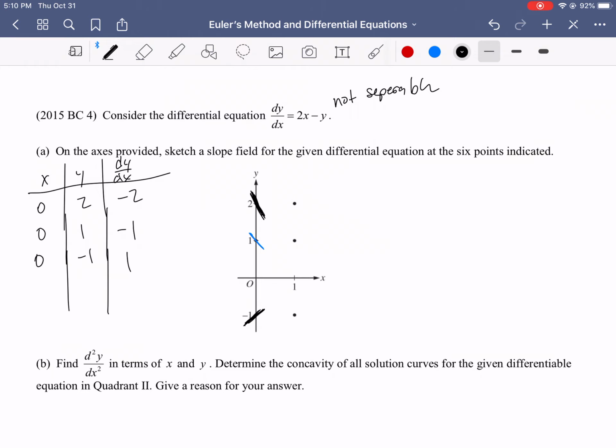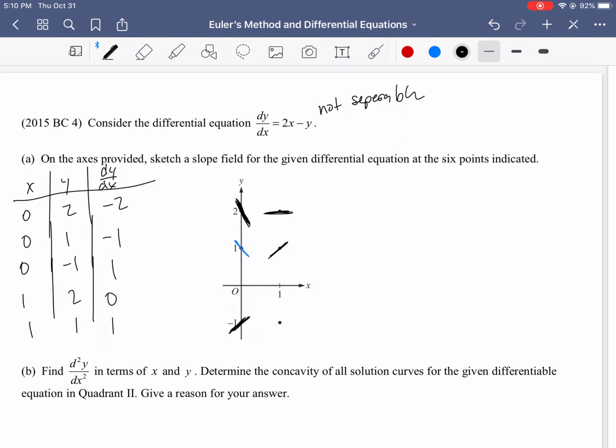Keep going. How about 1, 2? If I plug 1, 2 into 2x minus y, I believe that's going to give me a slope of 0. So I'm going to have a slope of 0 there. At 1, 1, I believe that's also going to give me a slope of 1. You can double check that for yourself. So there's my slope of 1.